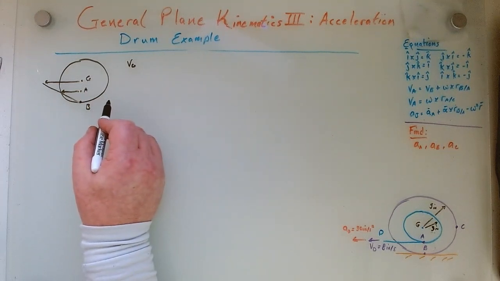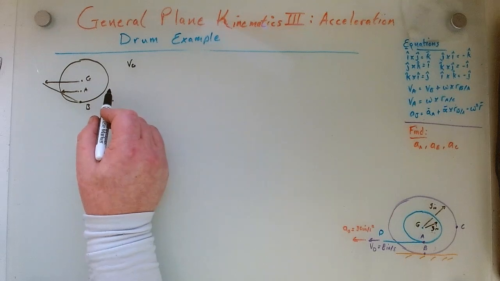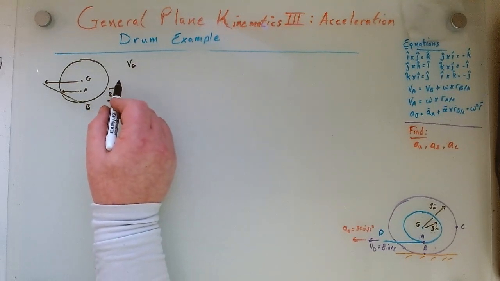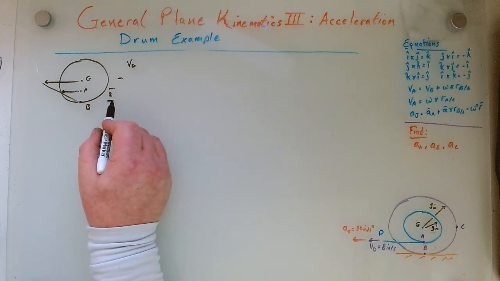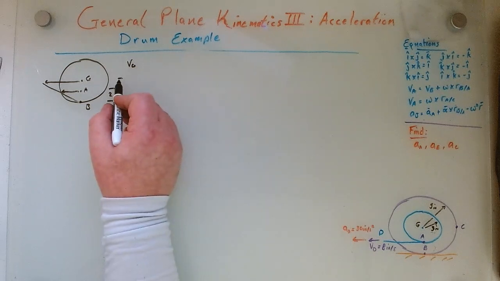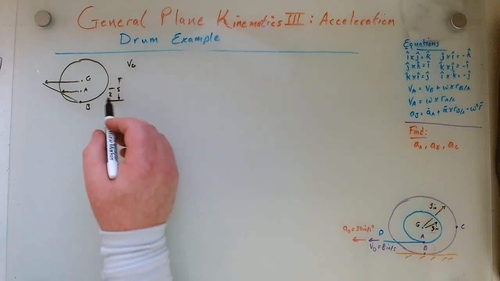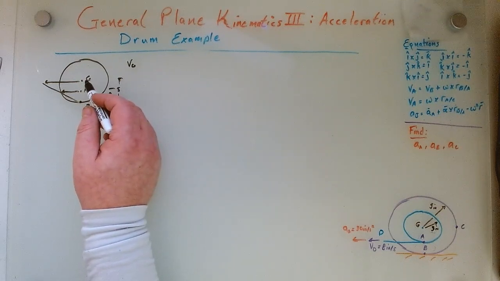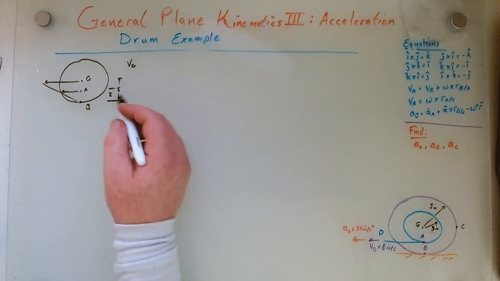Let me add this in real quick. So this distance here from A to B is 2, and from G to B is 5. We're going to need these. It's easy to get confused whether you're going from G down or from B up, so I like to write it down.